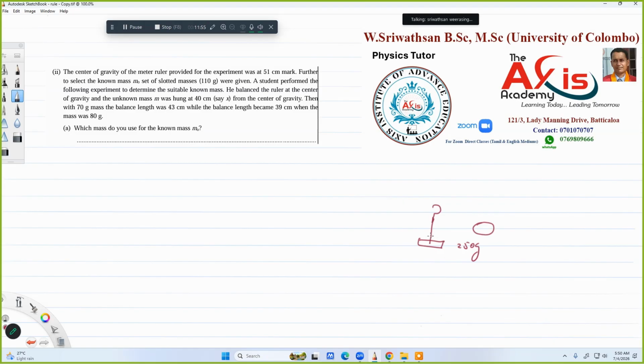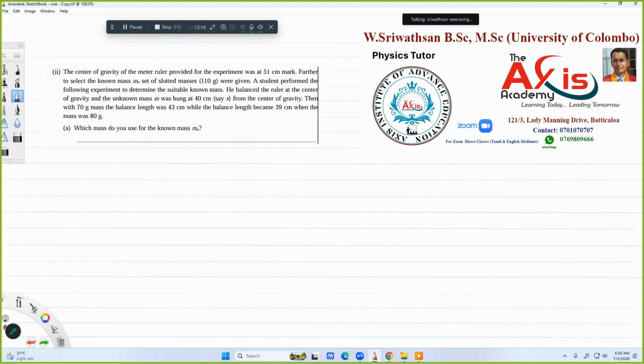We can attach these so that gradually we can increase the masses. When it is necessary to increase or decrease, we can hang a fixed value also. That is slotted weight.